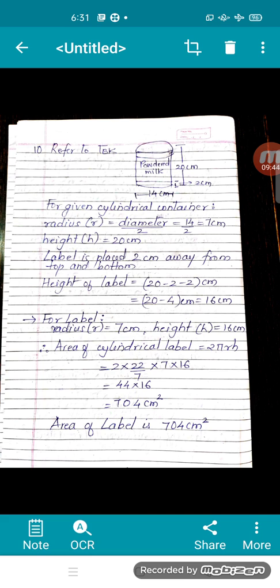Height is 20 centimeter. Now the label is placed 2 centimeter away from the top and bottom. So height of the label will be 20 minus 2 minus 2, 20 minus 4 is equal to 16 centimeter. So for the label, R is equal to 7, H equal to 16. So area of the cylindrical label will be 2 pi RH. You get 704 centimeter square.